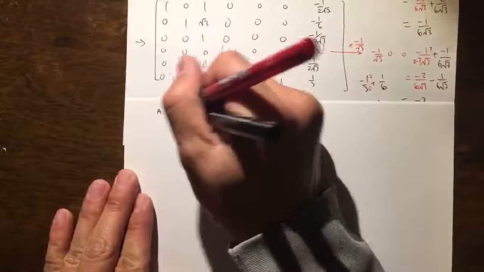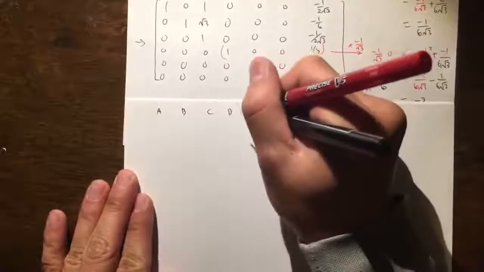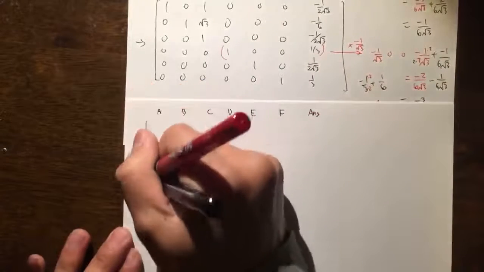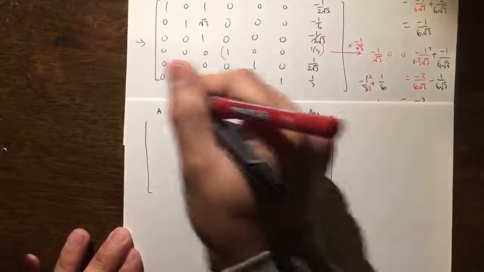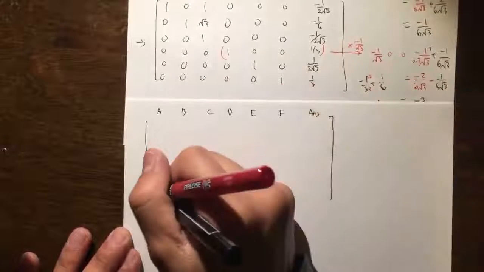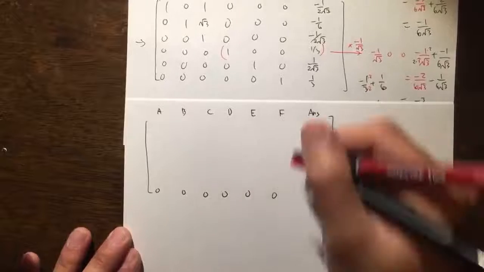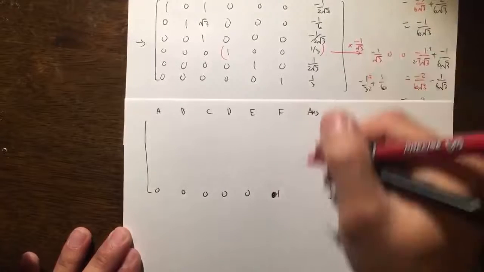Okay, now let's see. We have A, B, C, D, E, F, and the answer. Let's do it from the bottom to the top. So the bottom row is 0, 0, 0, 0, 0, 0. Oops, it's 1. And then 1/3.